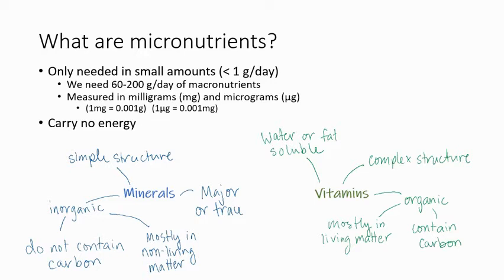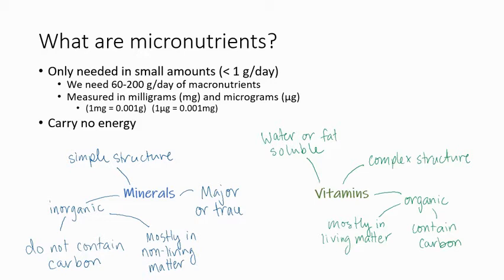So to compare and contrast minerals and vitamins a little bit, minerals have very, very simple structure. So they're often just elements or are elements like iron, iodine, calcium. So it's a single atom in many cases. And there are different types of minerals.